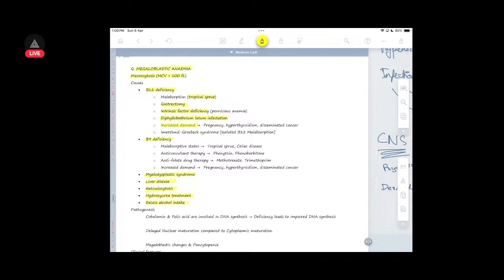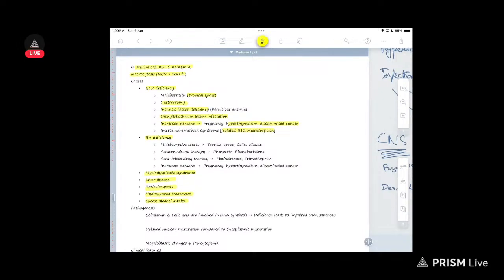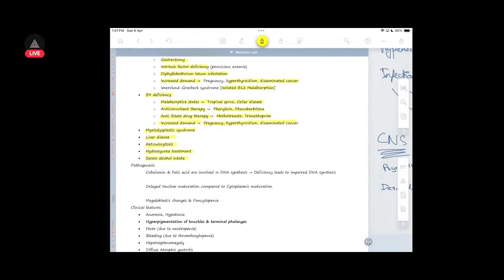It can be due to increased demand, hyperthyroidism, disseminated cancer. There is also isolated B12 malabsorption; I'm not even going to try to spell it, but you cannot remember it. Malabsorptive states include celiac disease and tropical sprue for B9 deficiency, anticonvulsant therapy such as phenytoin and phenobarbital, antifolate drugs such as methotrexate and trimethoprim, and increased demand in pregnancy, hyperthyroidism, and disseminated cancer.